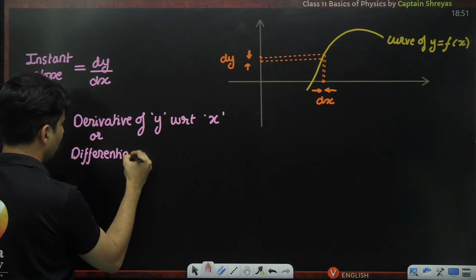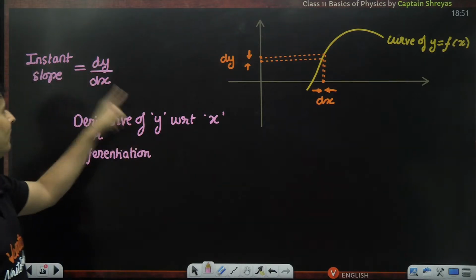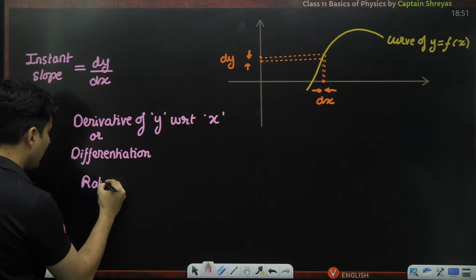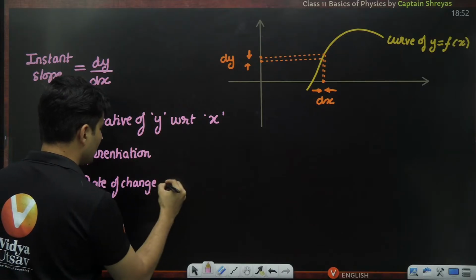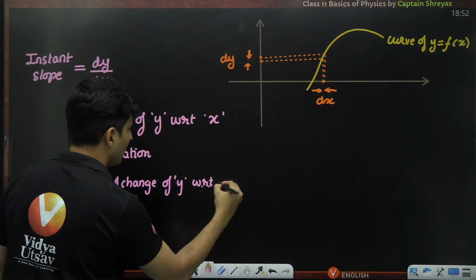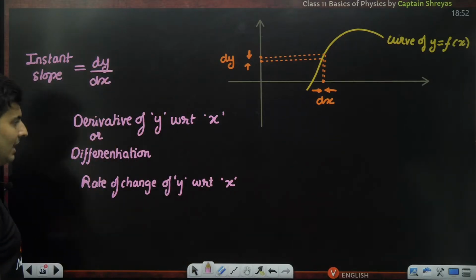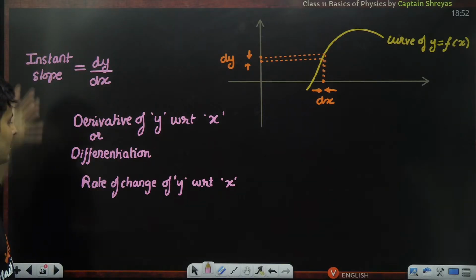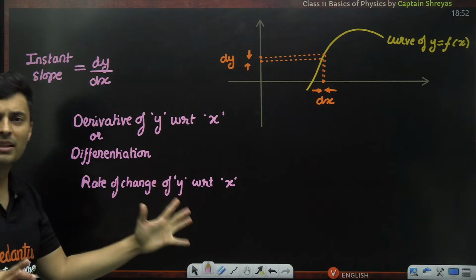Differentiation of y with respect to x. You can also call it the rate of change of y with respect to that variable x. How much is y changing with x? Differentiation, derivative, rate of change, instantaneous slope, or just dy by dx. All of them mean the same thing.